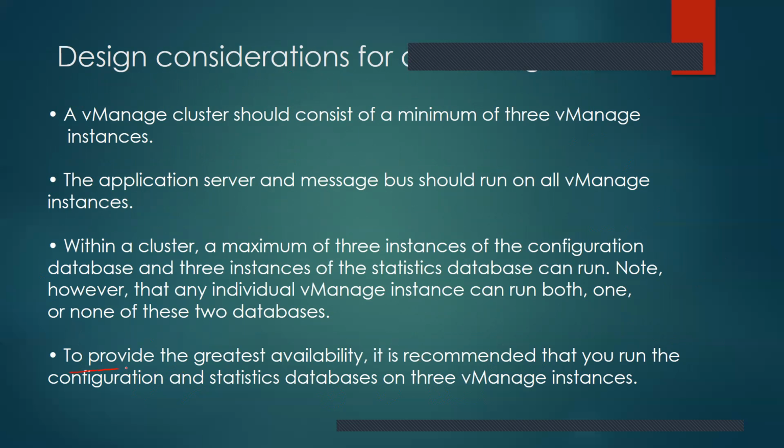To provide the greatest availability, again, these notes are taken from Cisco documents, some standard best practice. A vManage cluster should consist of a minimum of 3 vManage instances. The application server and the message bus should run in all the instances. Within a cluster, a maximum of 3 instances of the configuration database and 3 instances of the statistics database.